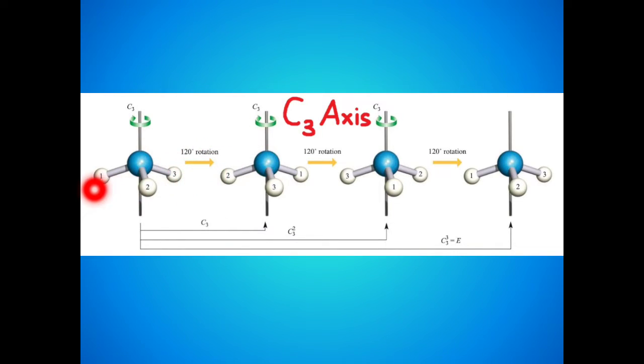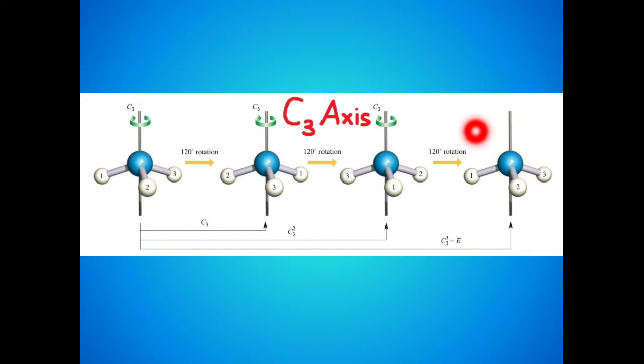You can see that I've labeled the 3 hydrogens as 1, 2 and 3. Now when you do the first 120 degree rotation, it would look something like this. When you do one more 120 degree rotation, it would look something like this. And with one final 120 degree rotation, you will find that you get this final molecule.